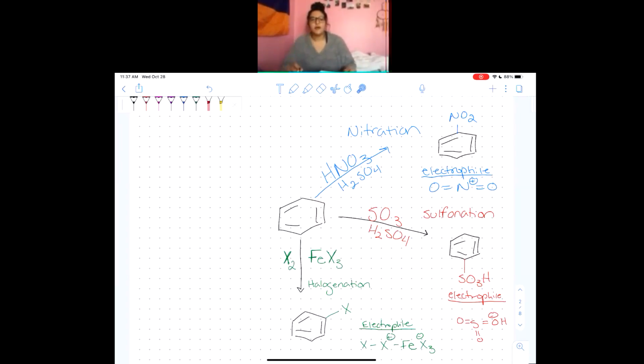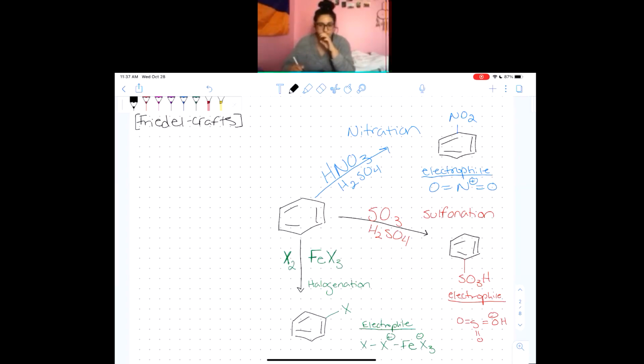So the last two reactions belong to the same group of reactions, which are called Friedel-Crafts reactions. These Friedel-Crafts reactions are kind of special.